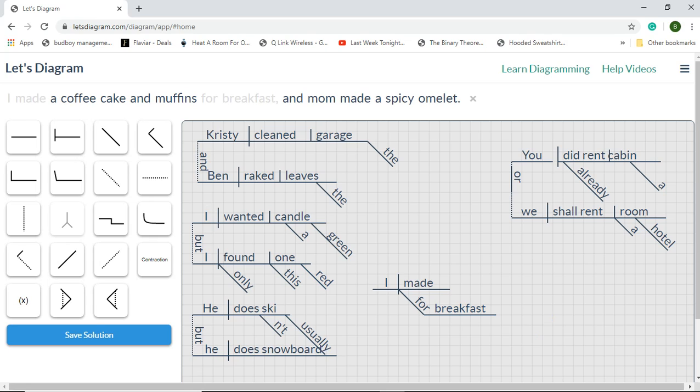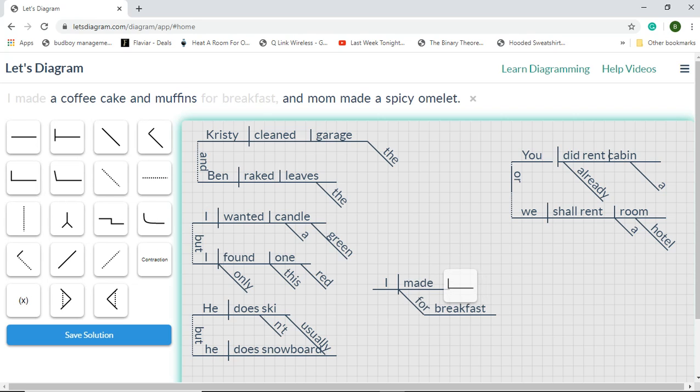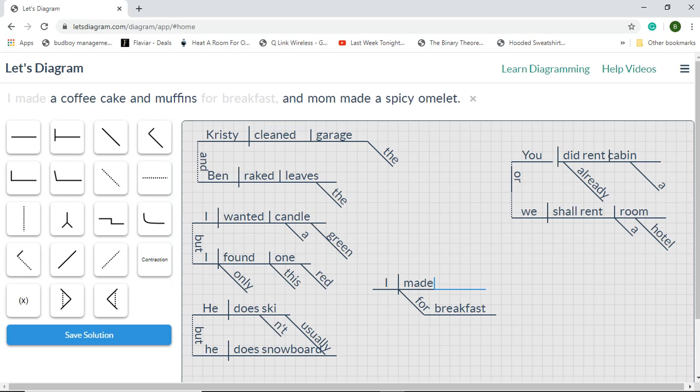So we need our little line that shows that's a compound. Where are you? Compound direct object. Okay. And then we need this awesome thing.